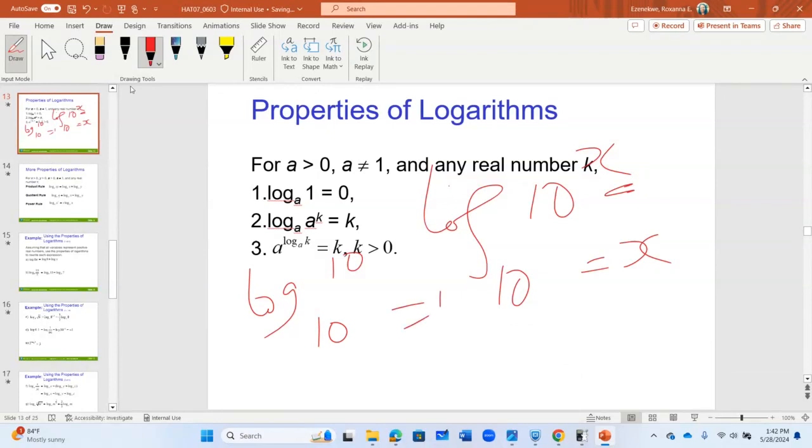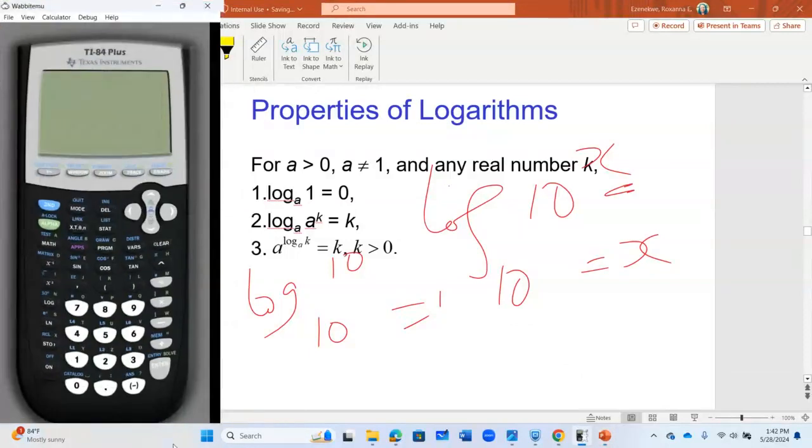By the way, now I want you to go to your calculator and turn it on. Where is this log? Look at this log. I want you to press log in your calculator, and put 10 there. Log 10 is equal to 1.